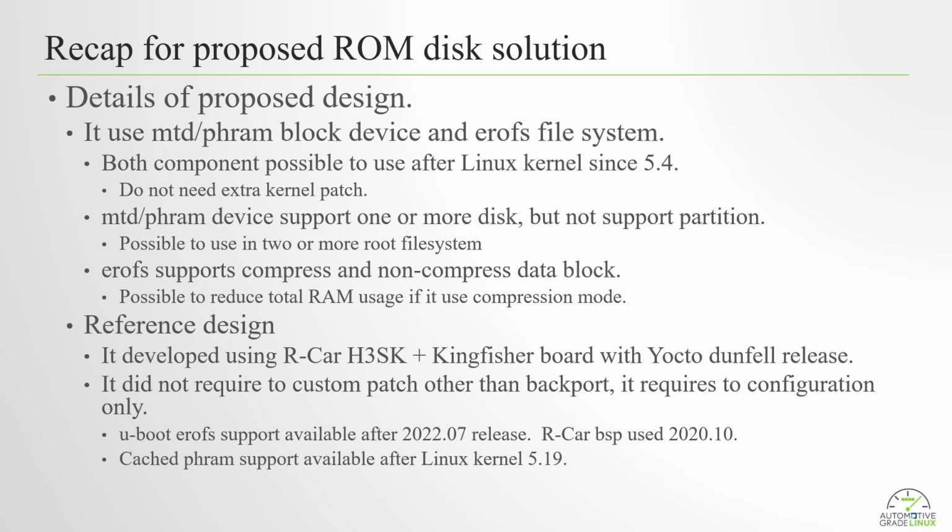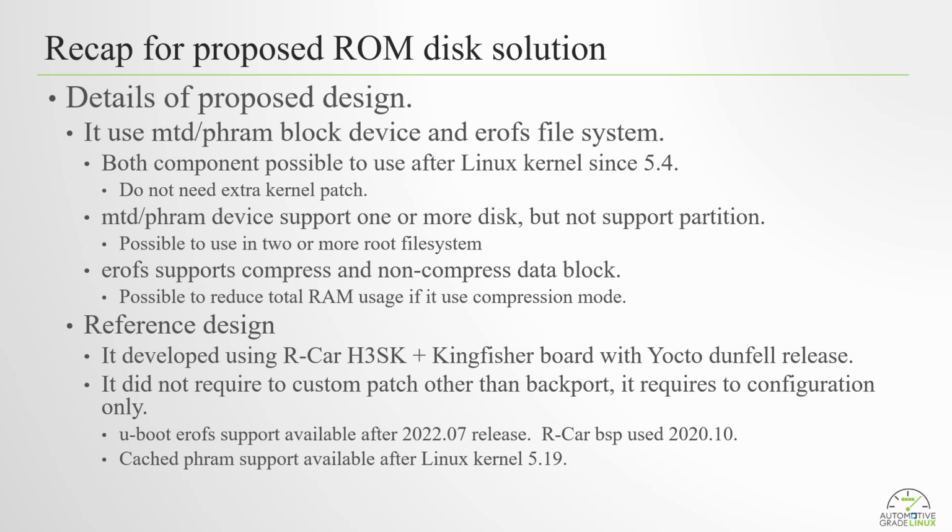Our reference design was developed using the Armadillo H3 starter kit and a Kingfisher board with the Yocto Dunfell release. It did not require any custom patch other than backports. It required configuration only. One backport is U-Boot EROFS support, available after the 2022-07 release.